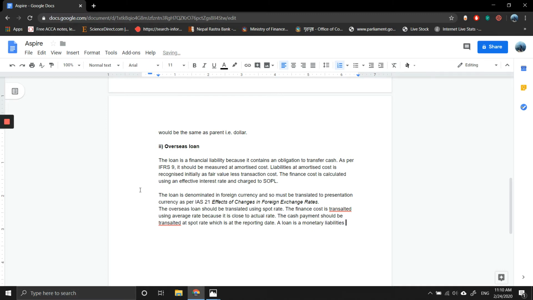Monetary liabilities are retranslated at the reporting date using the closing rate. Any exchange gain or loss is recognized in profit or loss. So this is not a subsidiary, it's a parent itself.